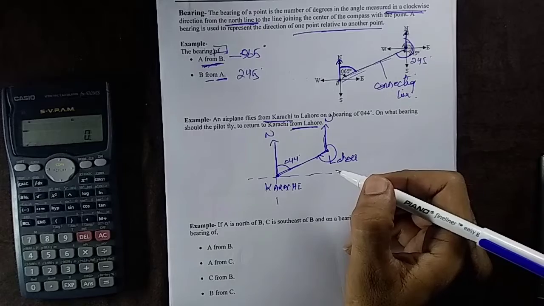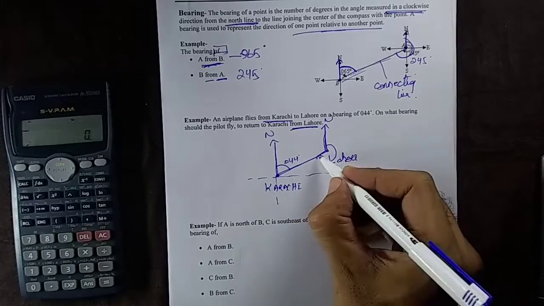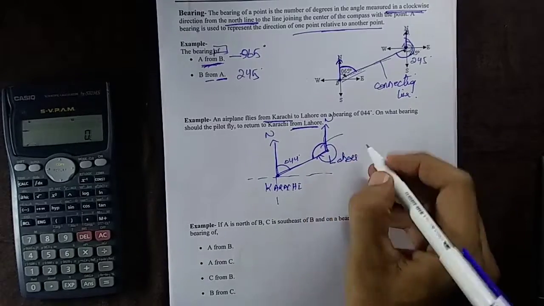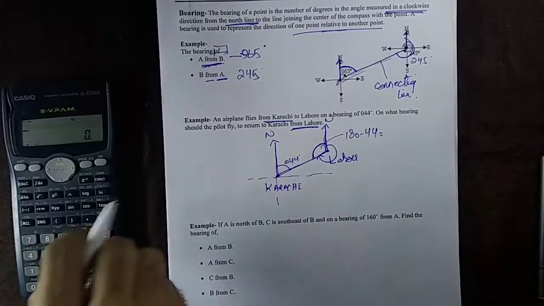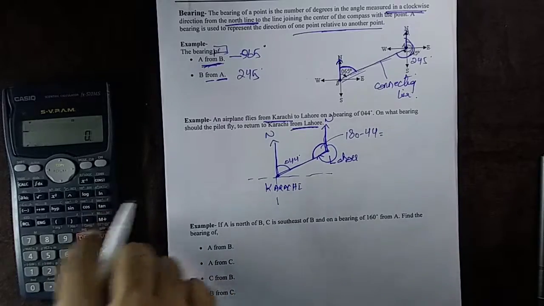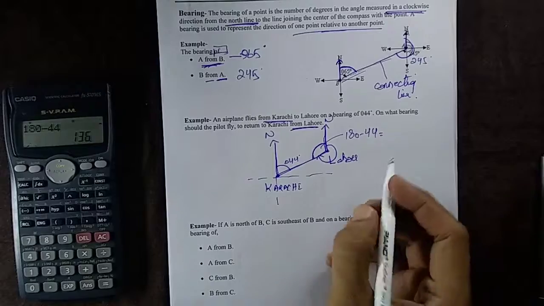Now previously we have learned about the property of the interior angle. So if this is 44, this would be the supplement of 44. That means this can be calculated as 180 minus 44, which equals 136.